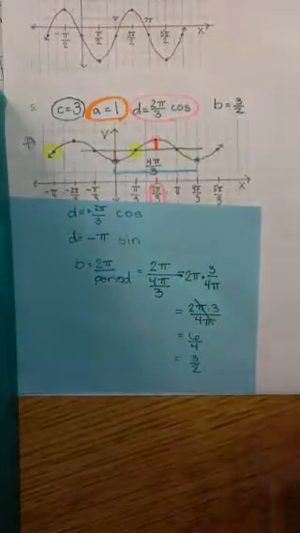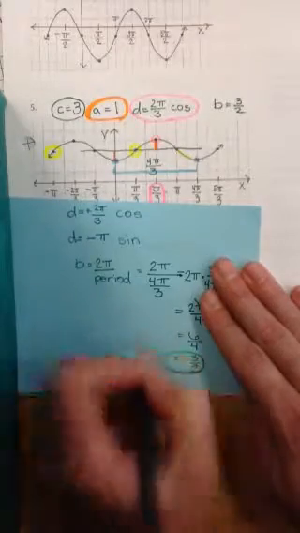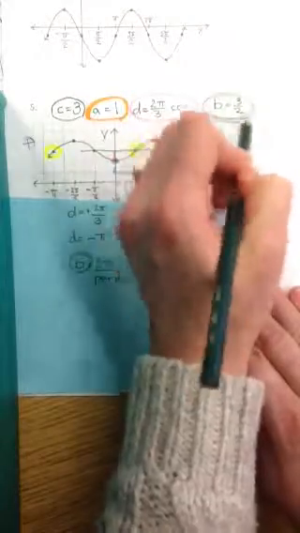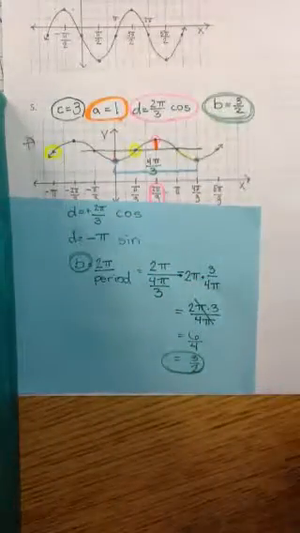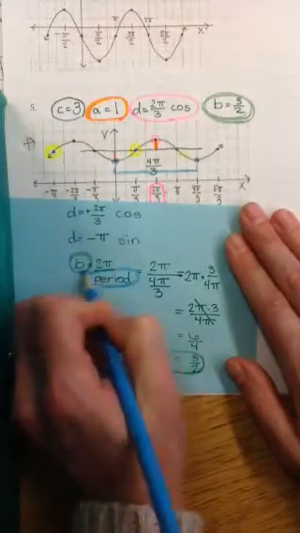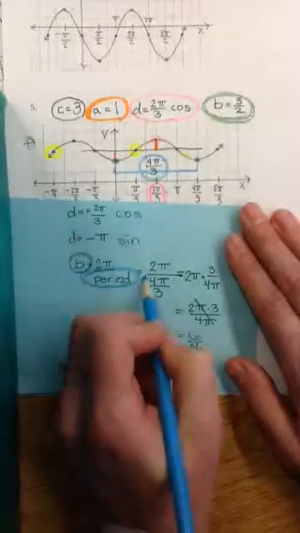And if we need to color code that, I think I've got one more color here. That's my period. This was my period. That helped me find B.